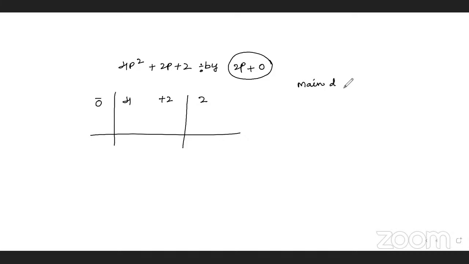Okay, main divisor, that will be 2 here. Remember that point. So now let me drop 4. 4 divided by 2, that is 2. So 2 into minus 0 you can take, positive 0 you can take. There is no change. So as per sign, let me write minus 0. So I am getting 2. So 2 divided by 2, then how much am I getting? 1. So 1 into minus 0, minus 0. Okay, is it clear?